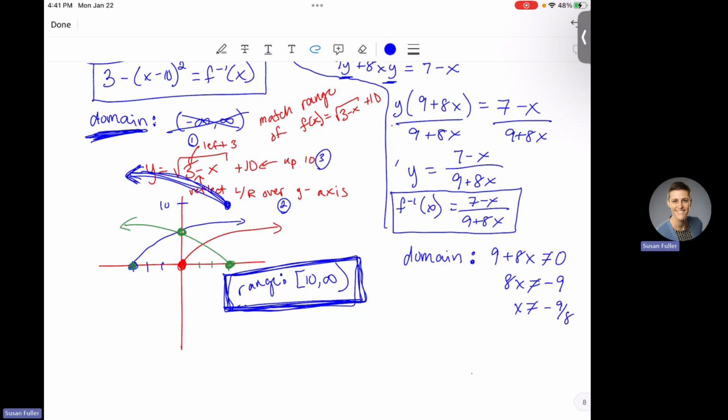Okay, so if x can't be negative 9/8, that means that x can be anything else. So my domain here should be negative infinity to negative 9/8, union negative 9/8 to infinity.